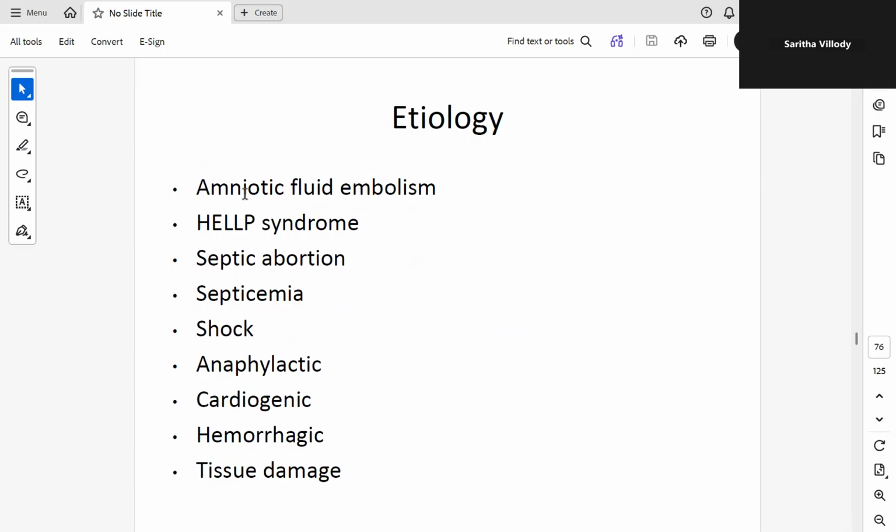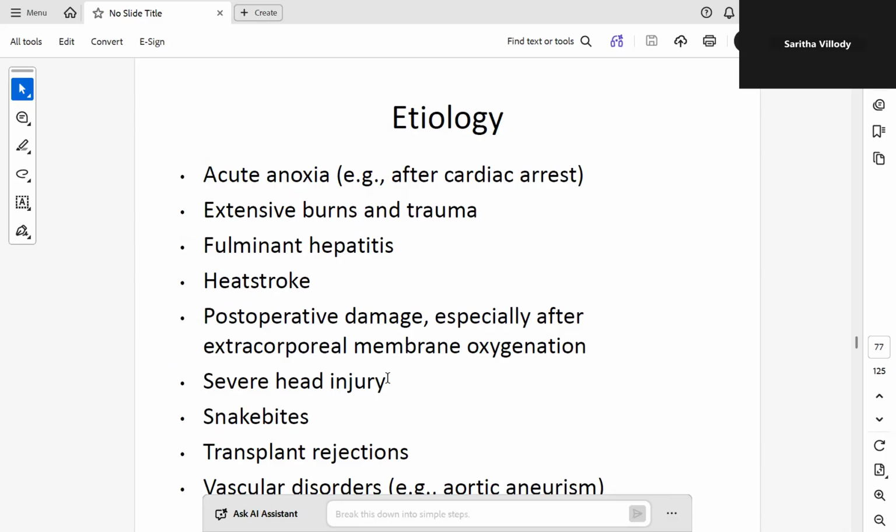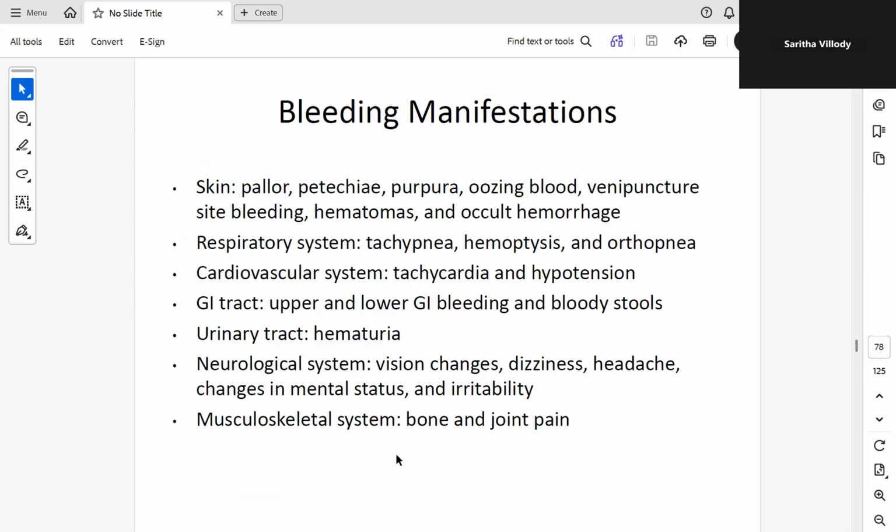HELLP syndrome is usually seen in eclampsia and preeclampsia when they have high blood pressure. This is a complication of eclampsia. In all those cases, you would see DIC, like sepsis, septicemia, shock. There are a multitude of conditions like snake bites, transplant rejection. All of this can trigger that coagulation pathway.